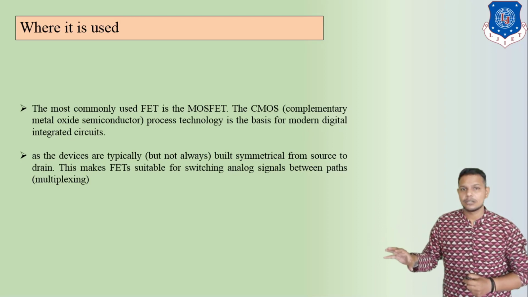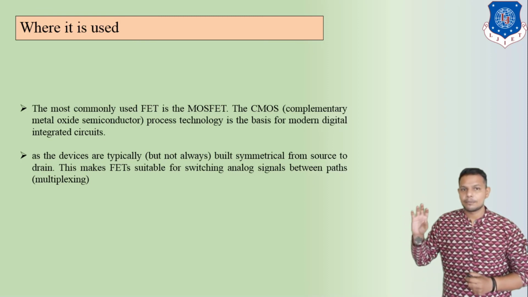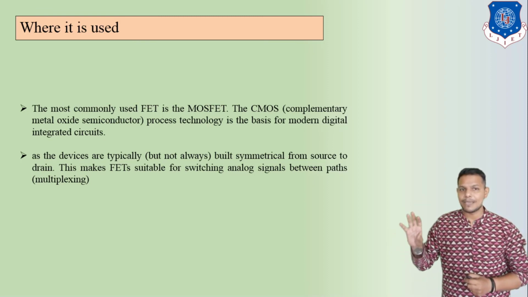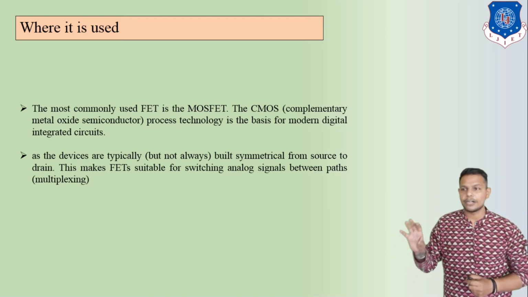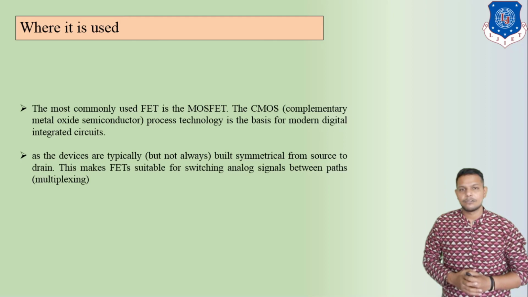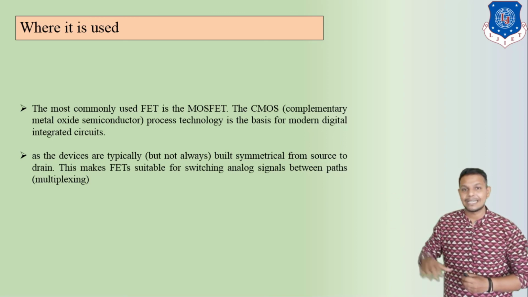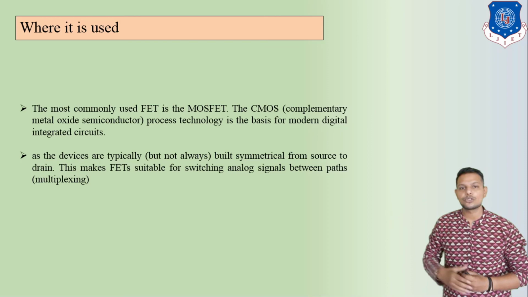CMOS, which is known as complementary metal oxide semiconductor, is a process technology and the basis for modern digital integrated circuits. That means we use chips, or ICs, in the form of CMOS. So in that CMOS we are going to use MOSFET.